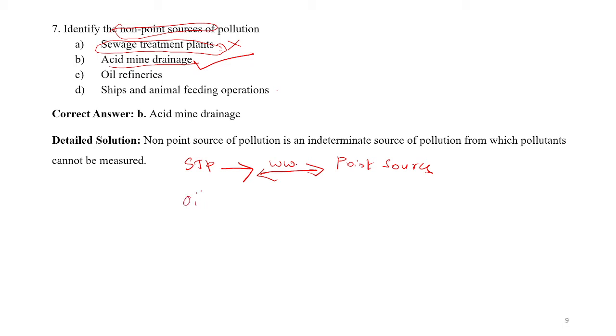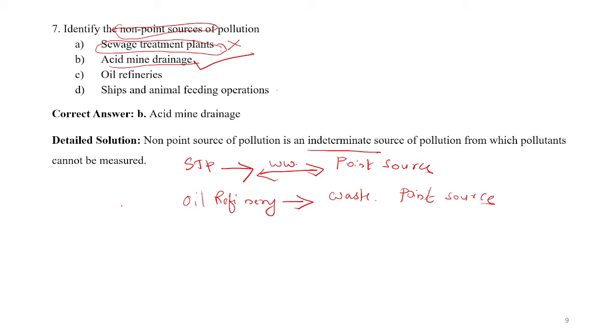Next is oil refinery. Oil refinery is also an industrial, or let's say a commercial setup, from where we know how much waste is getting generated and what is the degree of pollution in it. So it is not indeterminate, it is a determinate source, so it is a point source.